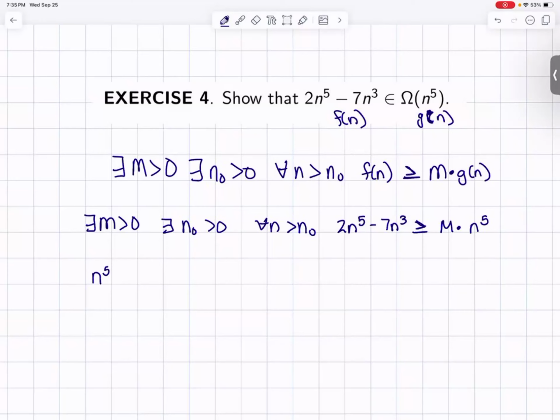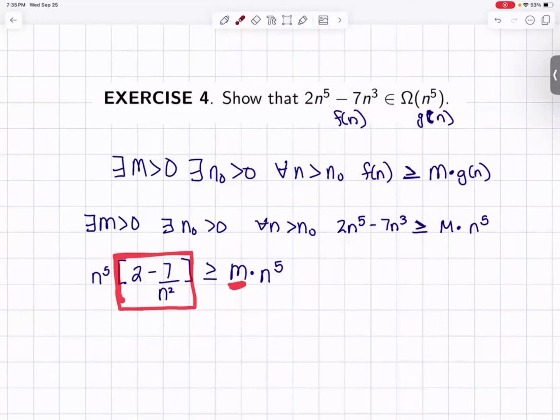So we can say n to the 5 times 2 minus 7 over n squared is greater than or equal to m times n to the 5. And right away, we can see that this m needs to be equal to at least this situation right here for us to be able to solve this problem effectively.